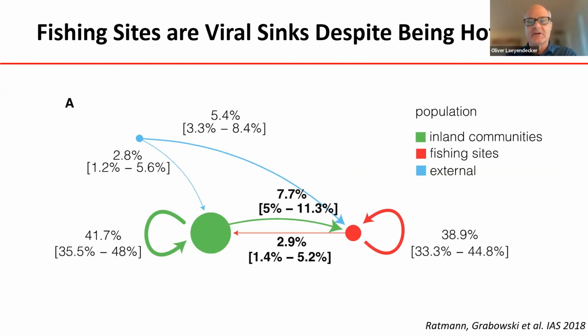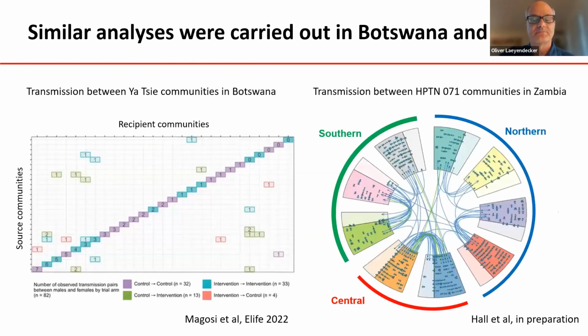So going from green to red is more than 3 times higher than going from red to green. So that initial hypothesis of whether the hot spots, at least in the Rakai district of the fishing villages, are seeding the infections in the inland communities turns out not to be the case.